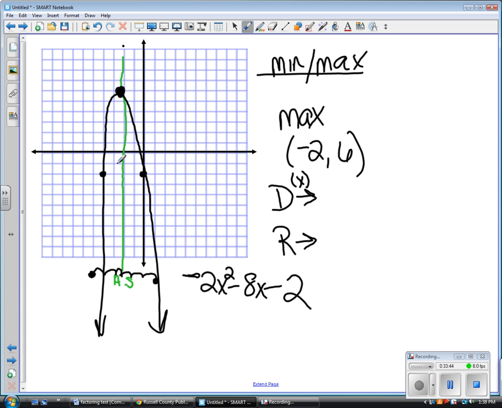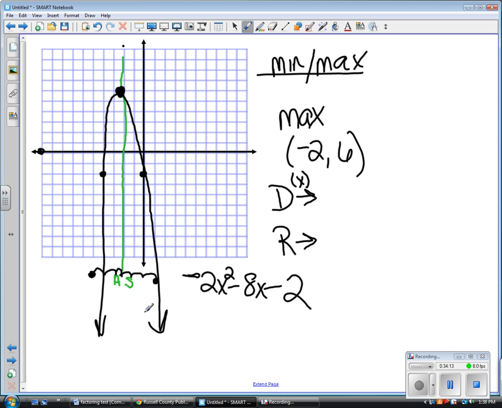What can my domain be? Could I ever have a point over here somewhere, -10 something? I can, because this line keeps going, right? He goes on and on and on forever. So he might be -10, 2,547. Alright? I'm not going to ask you to graph it, but I can have any x value.